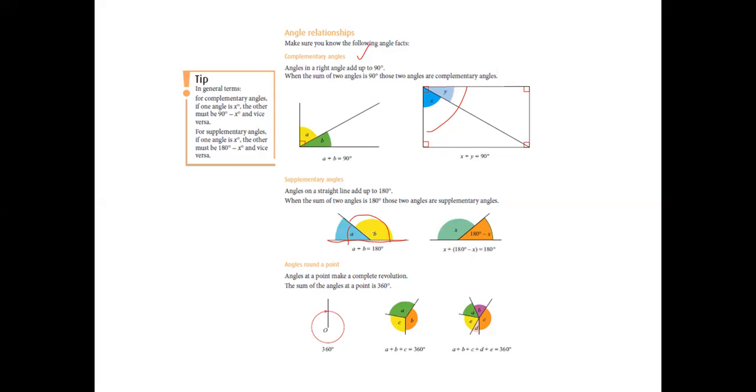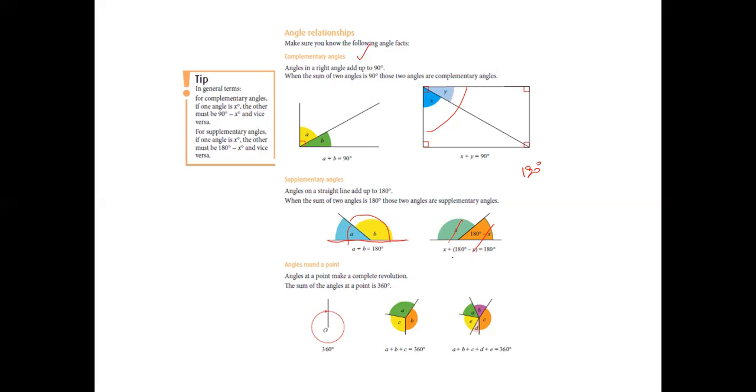If you add these two angles, you get 180 degrees. So these are supplementary angles. And also x plus 180 minus x: if you simplify, you get just 180.